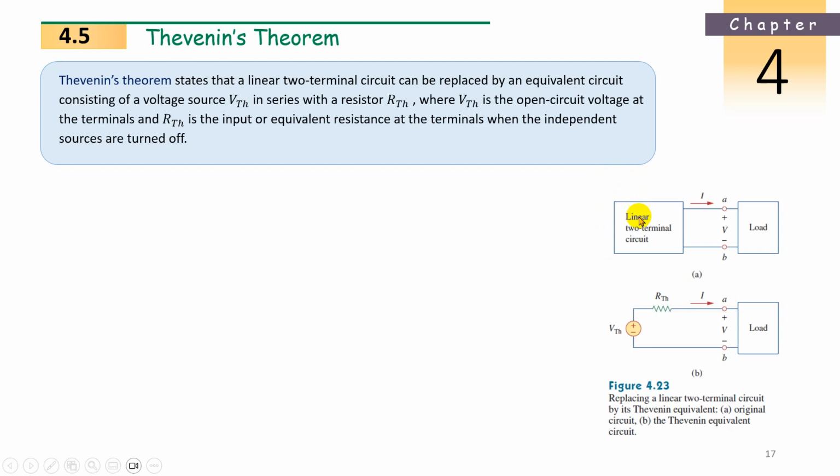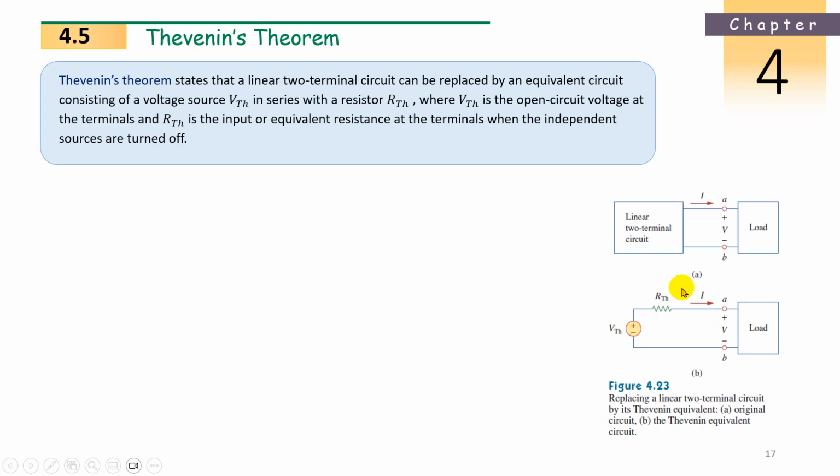Now the linear two-terminal circuit on the left side may be a much bigger circuit, so solving with KCL and KVL is very difficult. That's why we replace that big circuit with a voltage source VTH in series with RTH, then connect it to the load. Now whatever you change in the load, its behavior will come out.